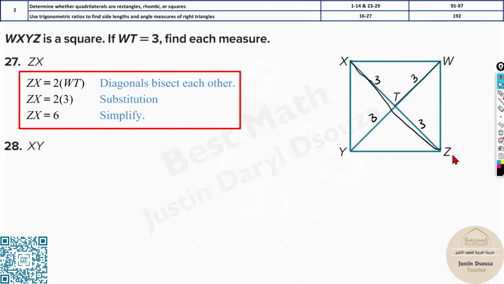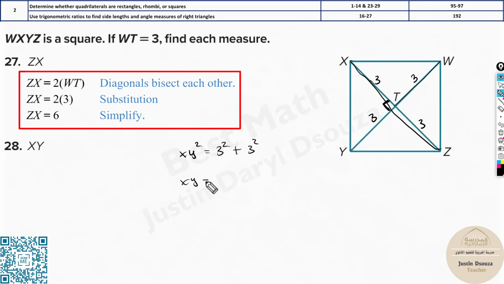Now what about XY? Where is X and Y? This is the thing. Now we use Pythagoras theorem over here because this parallelogram, the diagonals bisect at 90 degree. We know that's even for rhombus and for square. So to find XY, you just have to use Pythagoras theorem. So XY, its opposite hypotenuse, square will be equal to 3 squared plus 3 squared.